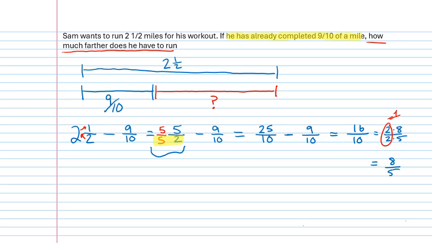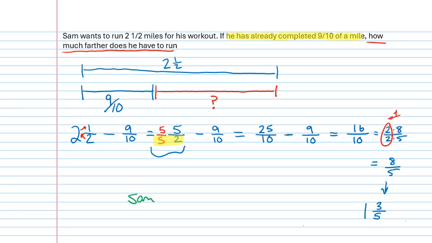Now, the original problem uses a mixed number, so we're going to want to convert this to a mixed number. 8 divided by 5, so 5 goes into 8 one time with a remainder of 3. So 1 3/5. All right, it's a word problem, so our final answer should be in words.